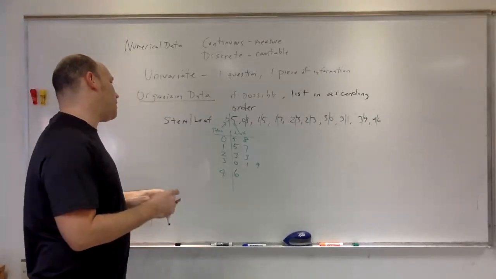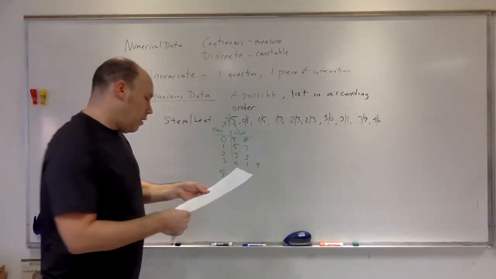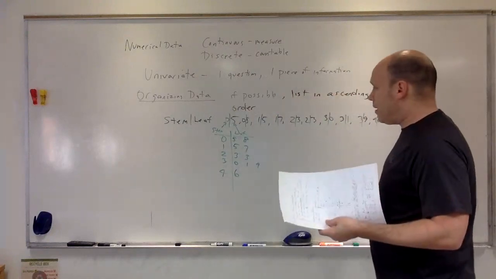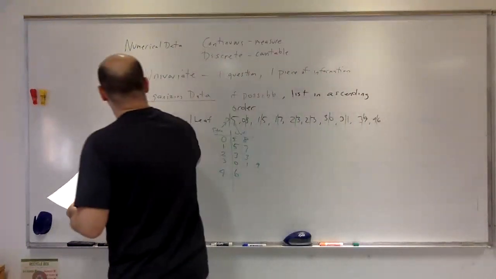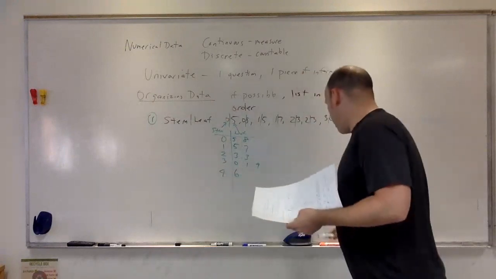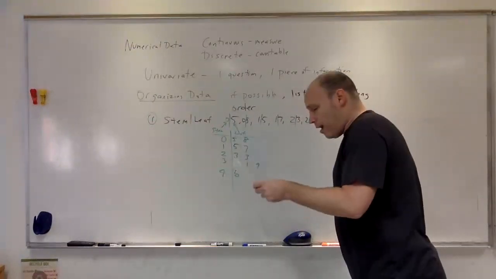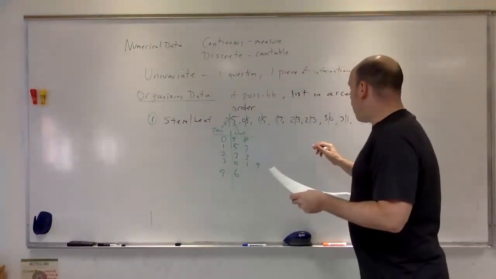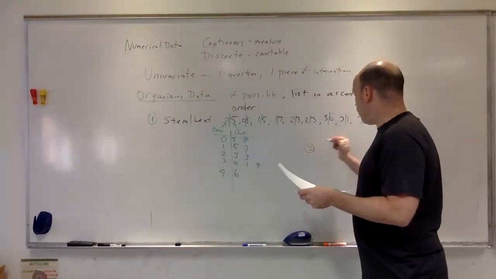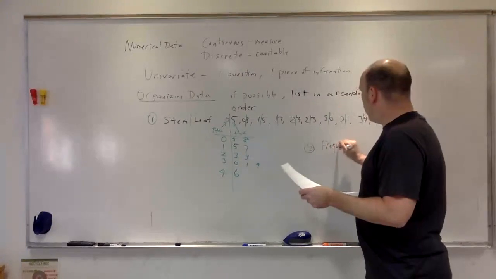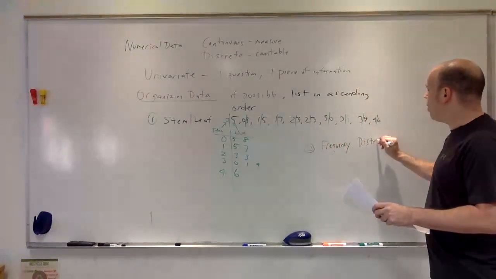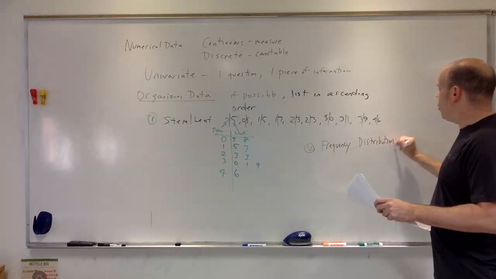That was method 1. Another way to organize data is called a frequency distribution table.